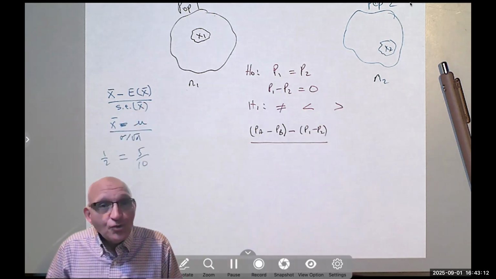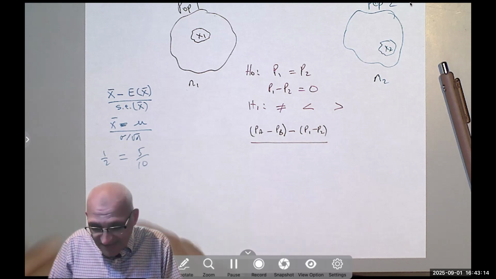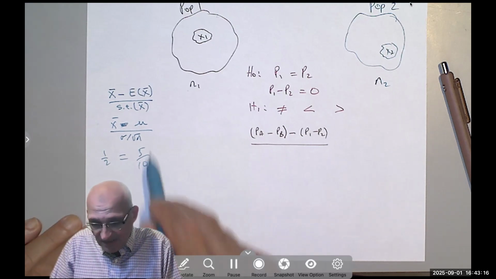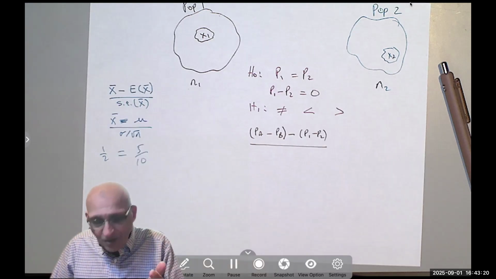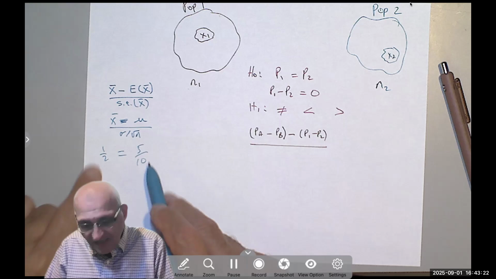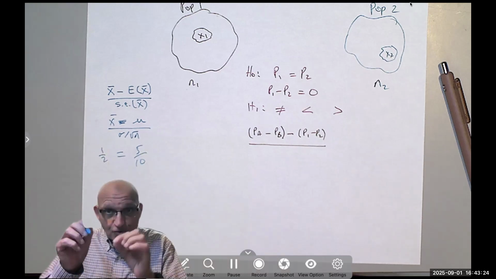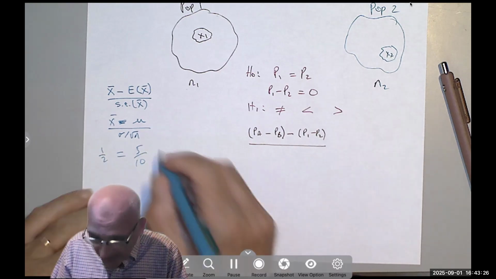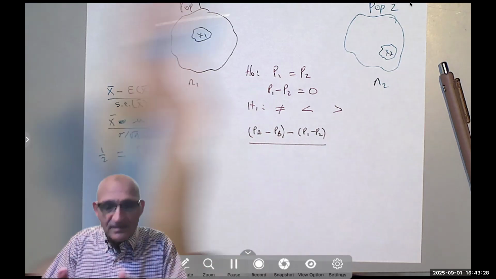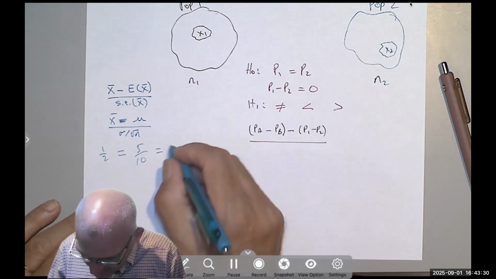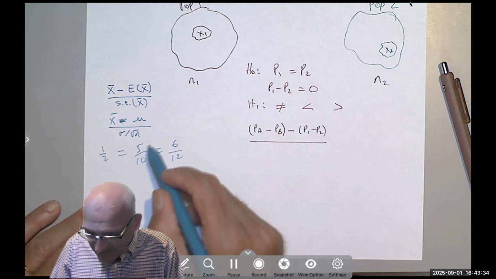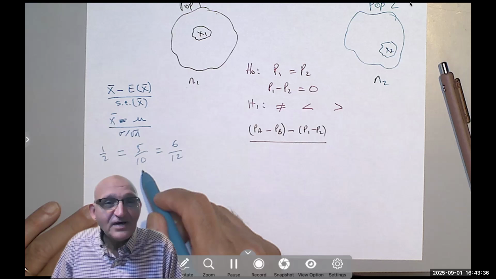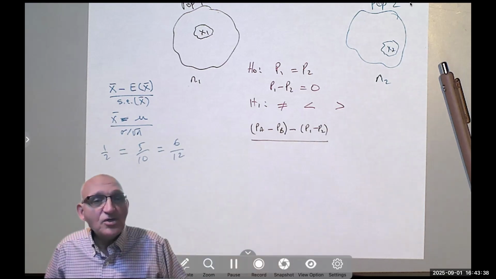So if it's true, but the sample sizes are not the same, and I don't know what to use here. I say, oh, I know from arithmetic that if I have two fractions that are equal, I can combine them together and say 1 plus 5 is 6, 2 plus 10 is 12, and 1 half is the same as 6 over 12, which is the same as 5/10. So that's exactly what I'm going to use here.